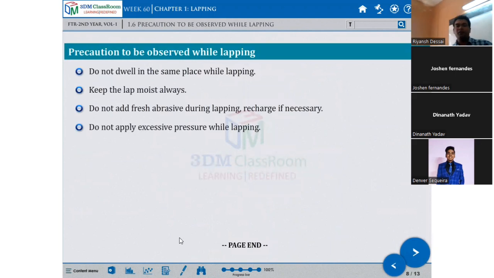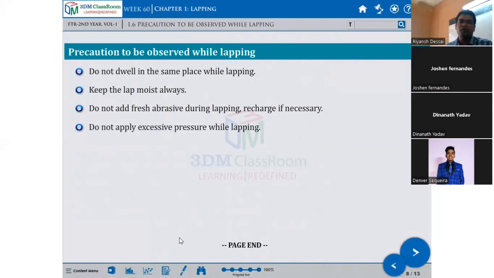Precautions you have to observe while doing lapping. First, do not wear the lap in the same place while lapping; you have to cover the whole surface. Second, keep the lap moist always.